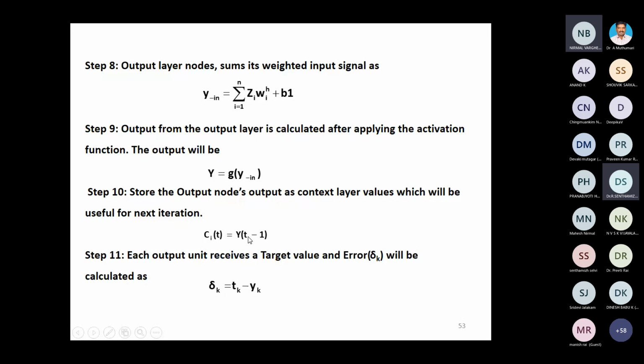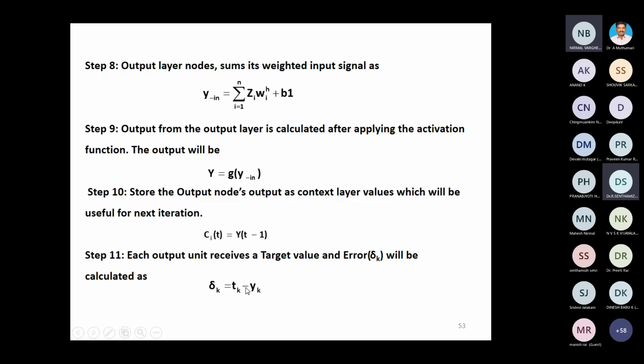Now at step 11, each output unit receives a target value and the error can be calculated. Error at the kth instant is equal to target value minus the trained output value of your Jordan neural network after implementing PSO. The error is equal to target minus trained output.